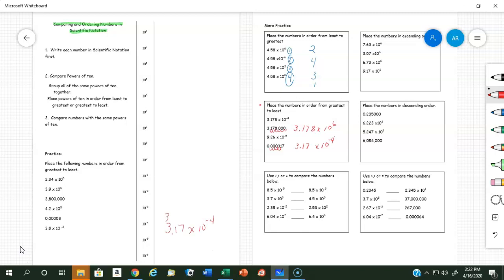And then a little bit bigger than that is 3.178 times 10 to the negative 4th. And so that takes care of this one and this one. And now I'm looking at, oh, I have a negative 5 here. So this is going to be down below.